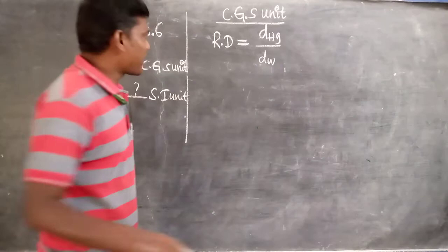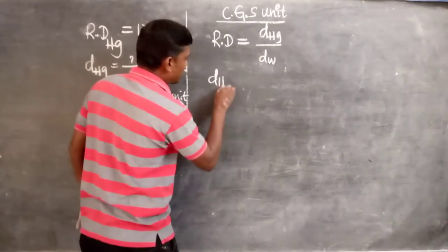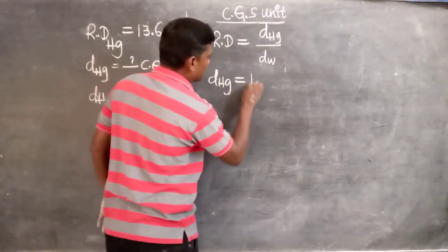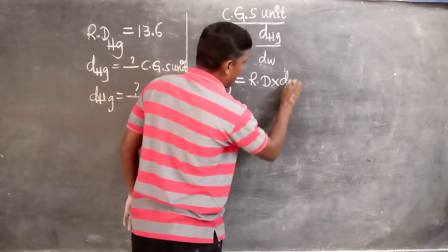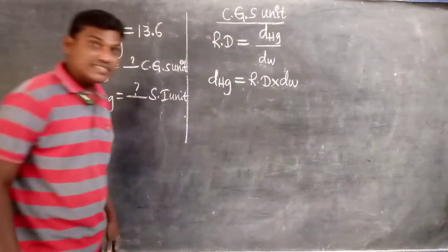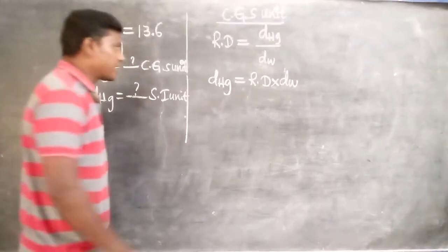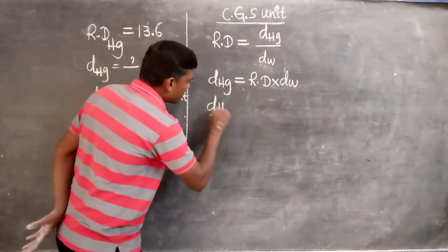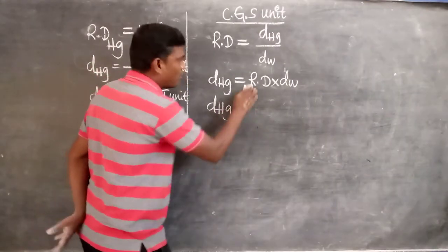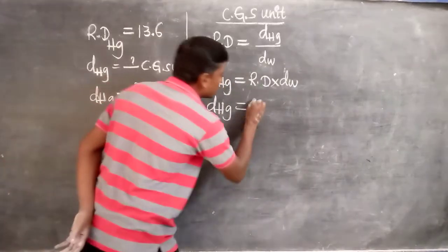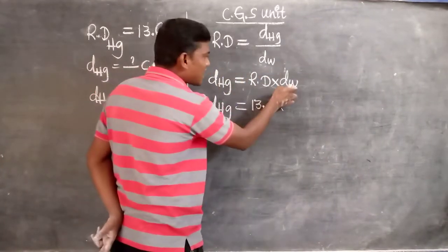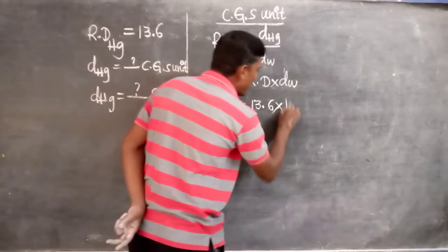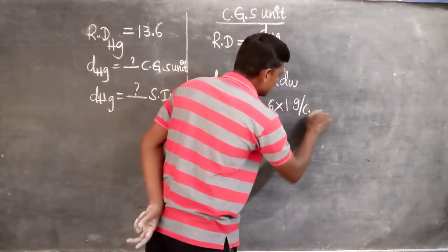So now I will write directly: density of mercury is equal to relative density into density of water, in CGS units. That's why the density of mercury Hg is equal to 13.6, the relative density value, into the density of water in CGS unit, 1 gram per cc.